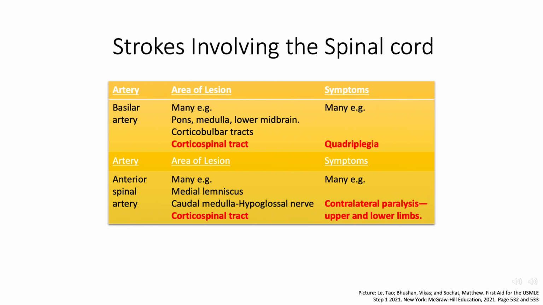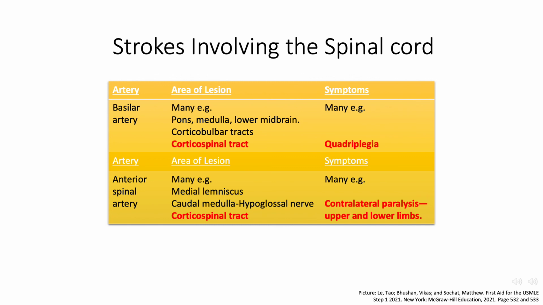So let's start with the basilar artery. It is found in the area of the pons, and it supplies blood to various structures, as we said, but part of the area which it supplies involves a section of the corticospinal tract. So the corticospinal tract passes through the area supplied by the basilar artery.